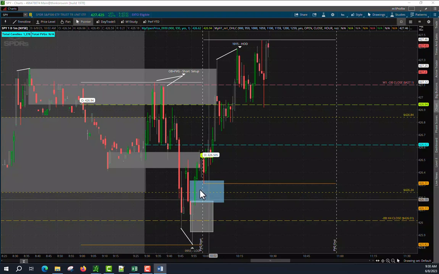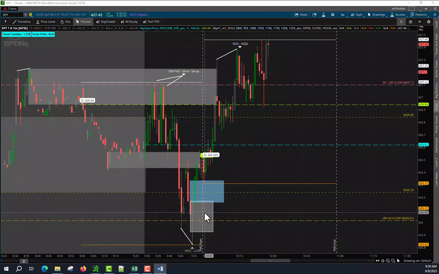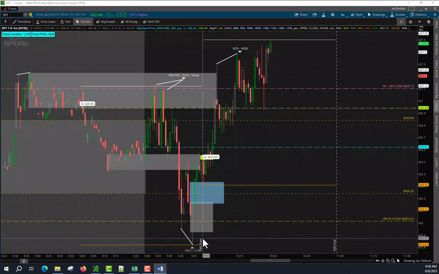This is beautiful. This setup is better than this setup because it's very clear, right? You have the order block, and right after the order block, sell side liquidity is taken at the time that aligns, right? You remember the time, 10 minutes after the hour or before the hour.